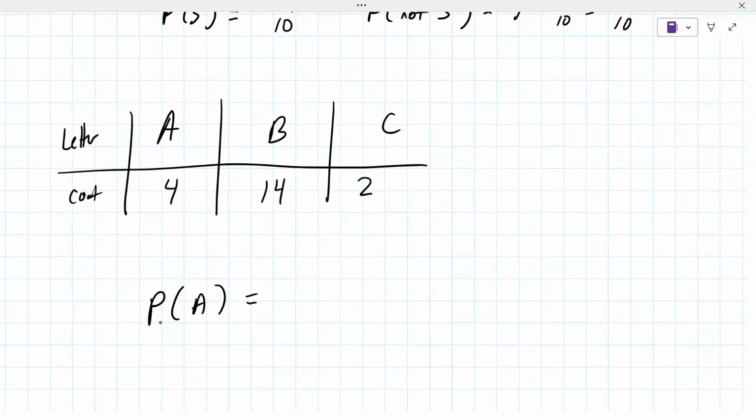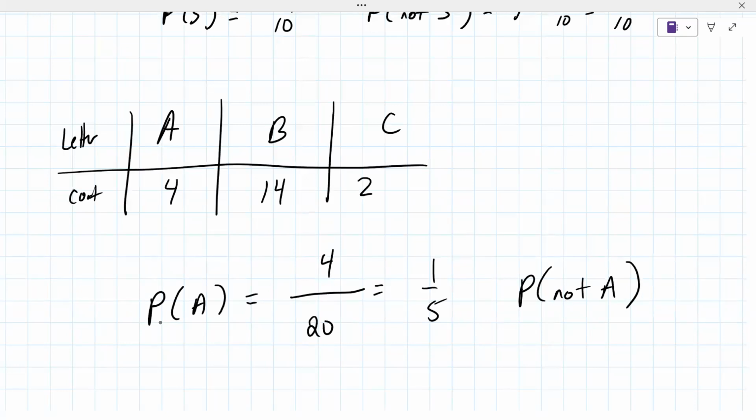Probability of A would be, so there's 2/10, 1/5. Okay, so 4 out of 20, which is 1/5. So what is the probability of not A? 4/5.